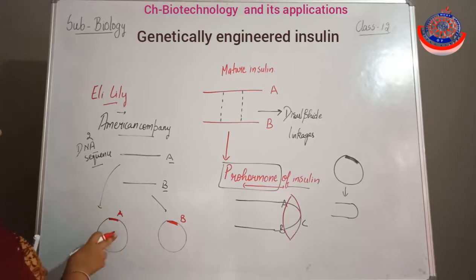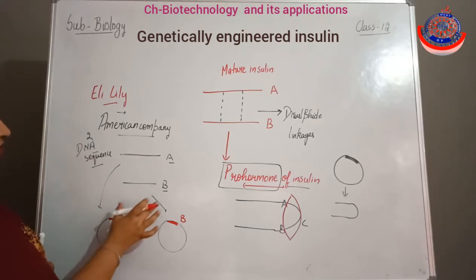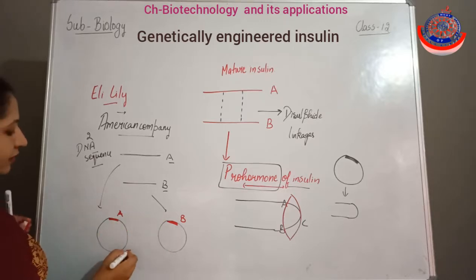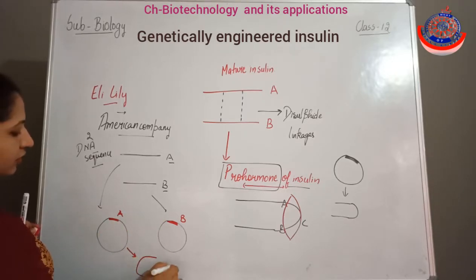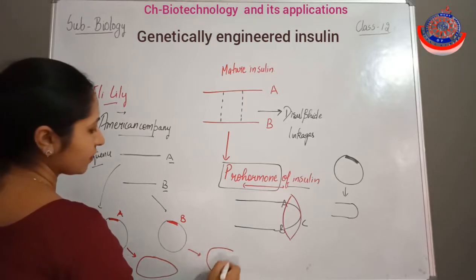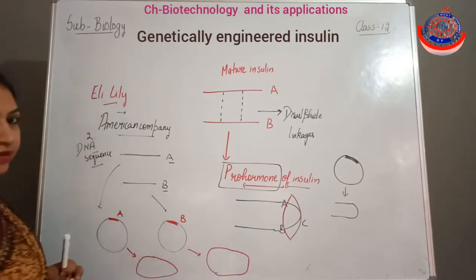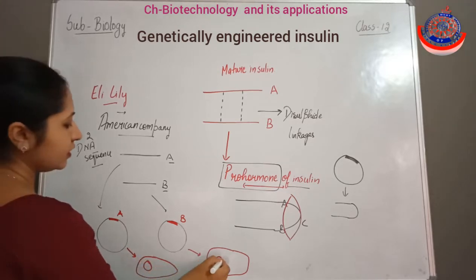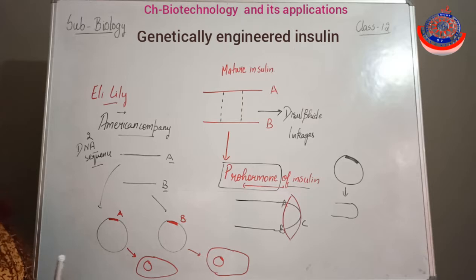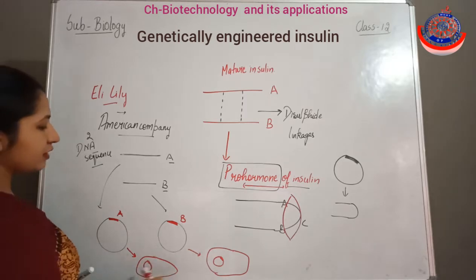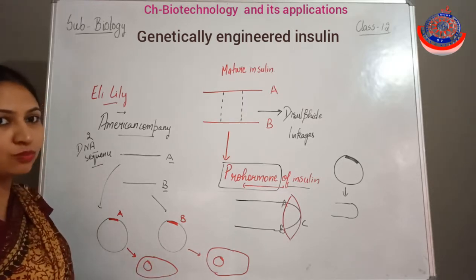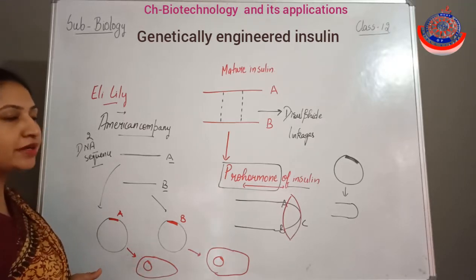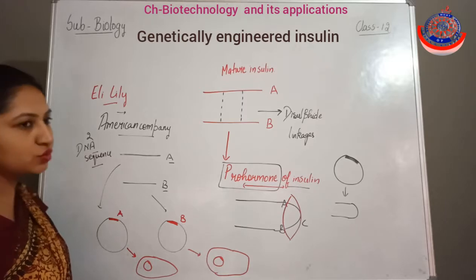So they introduced both the A chain and the B chain sequences in the plasmid, and then inserted it into E. coli. When they inserted this in E. coli, the bacteria produced the insulin hormone, which is then separated, purified, and can be used.